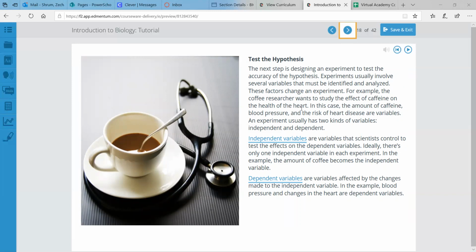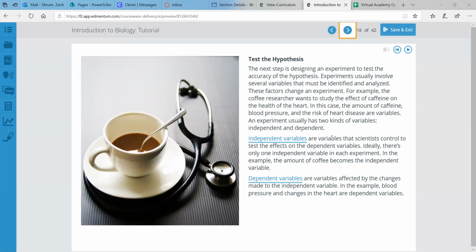In experiments, there are several things that can affect the outcome. These are known as factors, and these factors are called variables. We refer to them as variables. And they can be either independent, I-N-D-E-P-E-N-D-E-N-T, independent, and dependent.